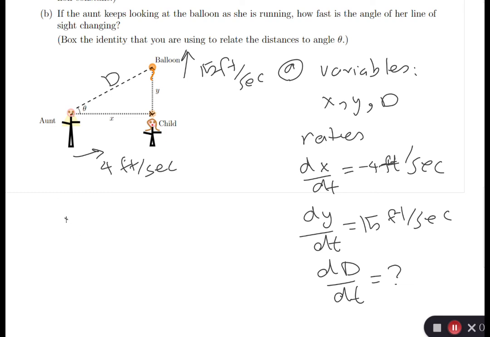Now, how do I relate all these? It's the Pythagorean theorem. So x squared plus y squared equals d squared. That's the relation.